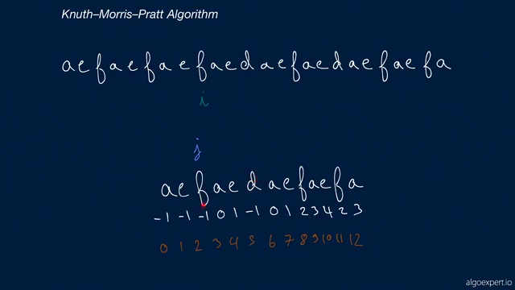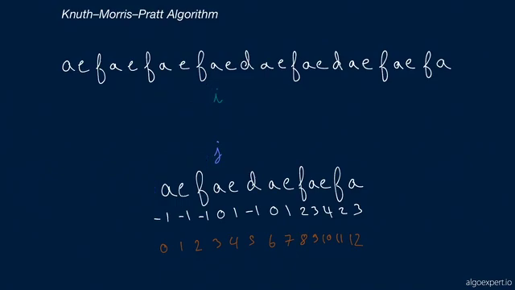This F here is equivalent to this D here. Let's see if this F matches, and it does. F and F match. So now we can move our I to the right, and we can move our J to the right. And so now we've got this as the match so far.